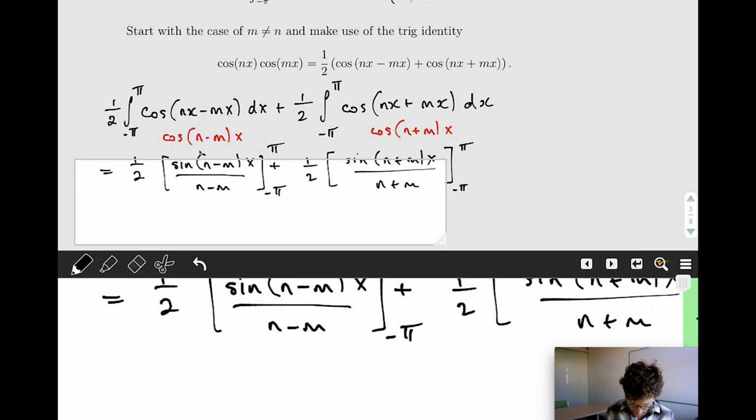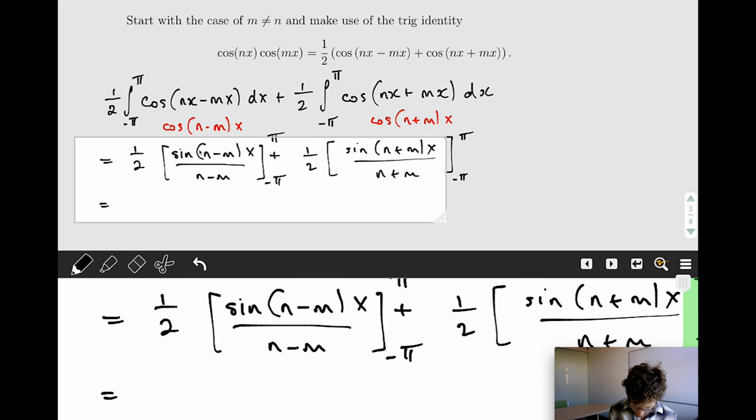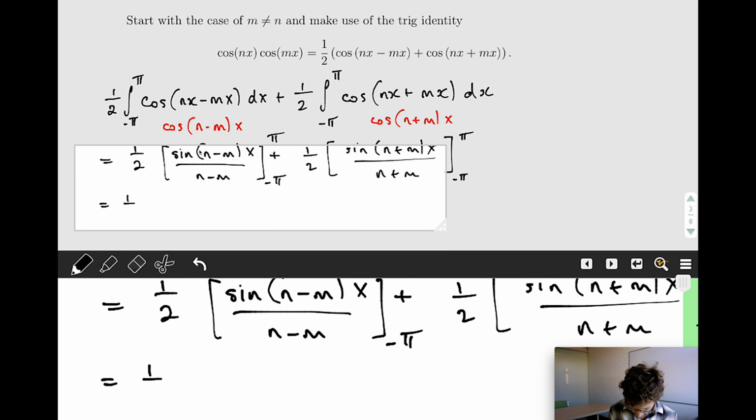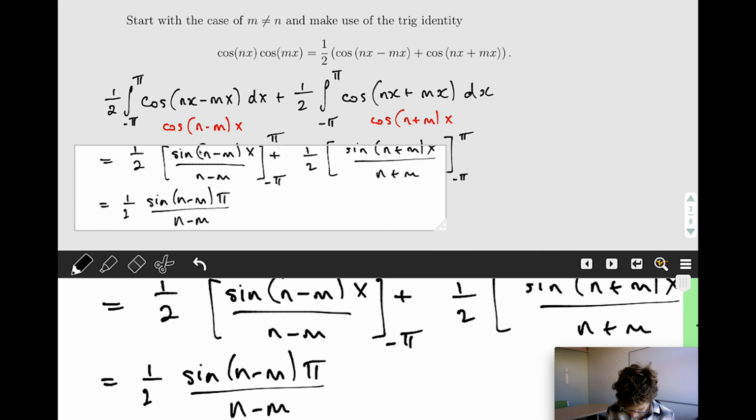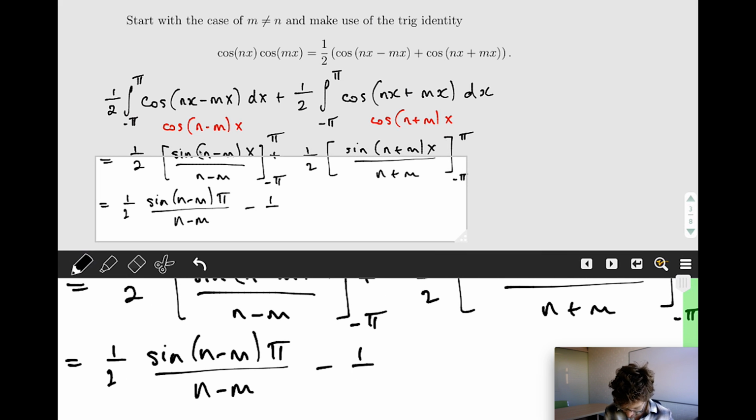So sticking all those values of x in, we're going to get 1/2 of sine n minus m pi minus a half sine, let's set x equal to minus pi, so I'd get n minus m times minus pi, or m minus n, just reverse the sign.